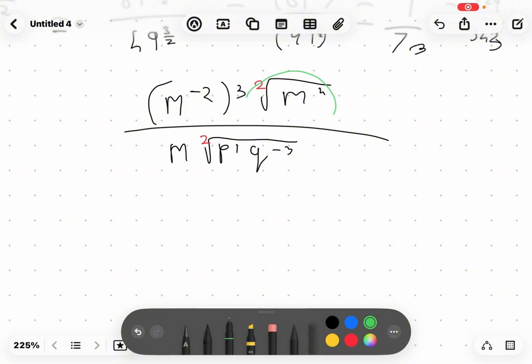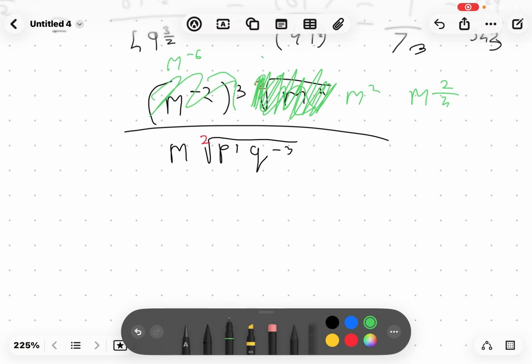When we open this, it's going to be m^2 to the power 4, and that just equals a 2. So this is m^2 to 2, and then this times itself is m^-6, and when you times them, these two add, so on the top is going to be minus 4, but let's just leave it like that for now.